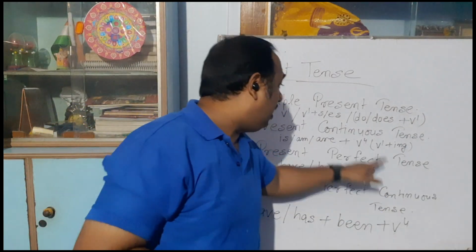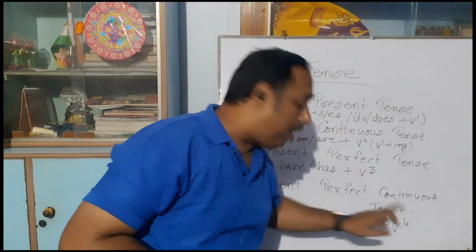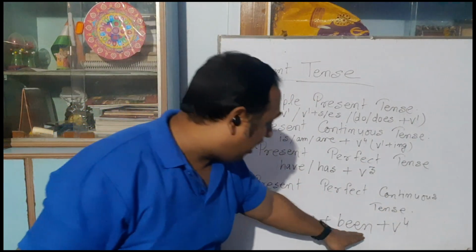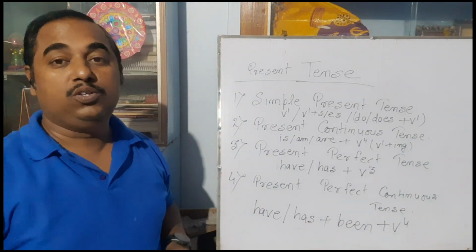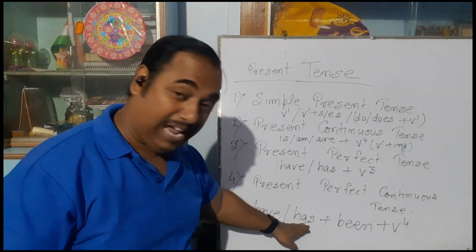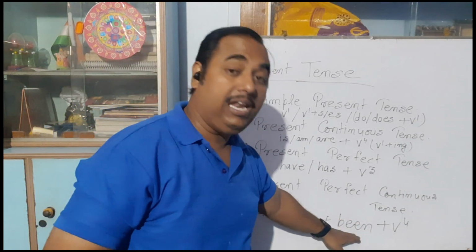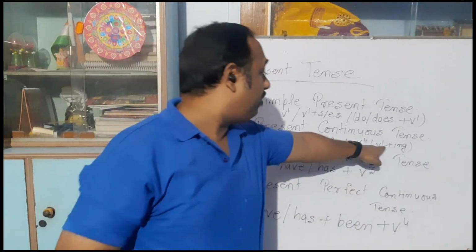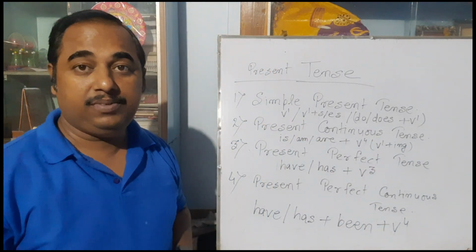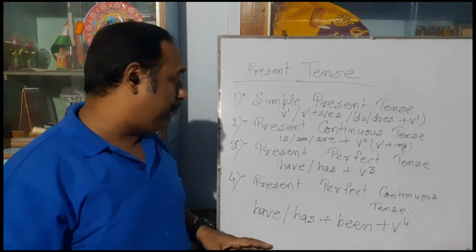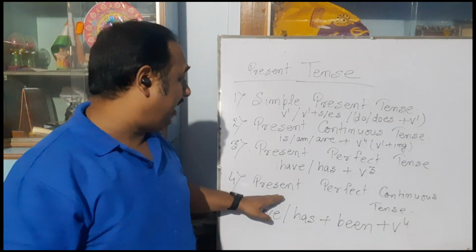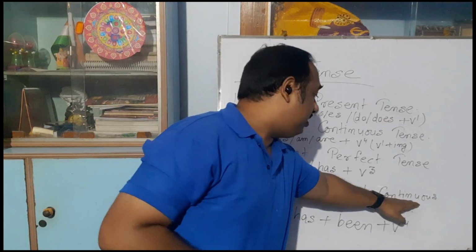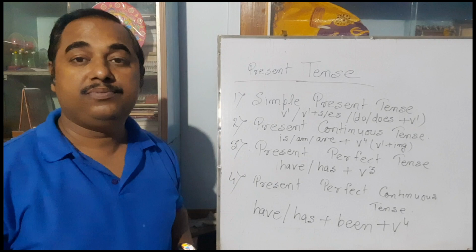From continuous, we have taken V4, and in between there is been. So if you see have or has plus been plus V4, V4 means V1 plus ing, then the sentence will be known as present perfect continuous tense.